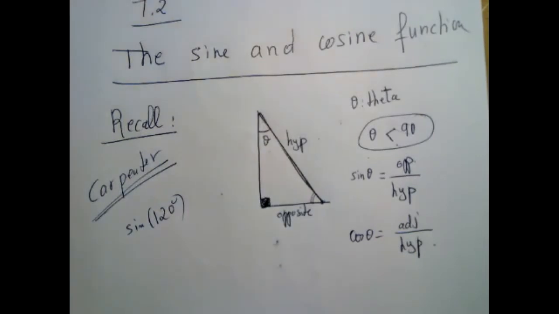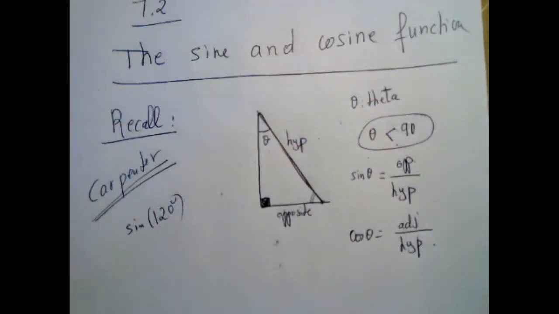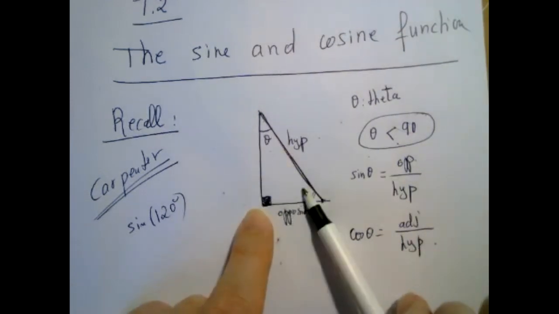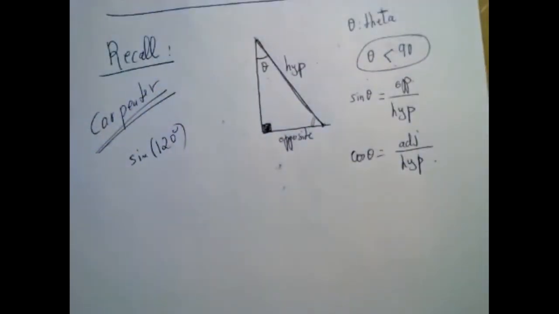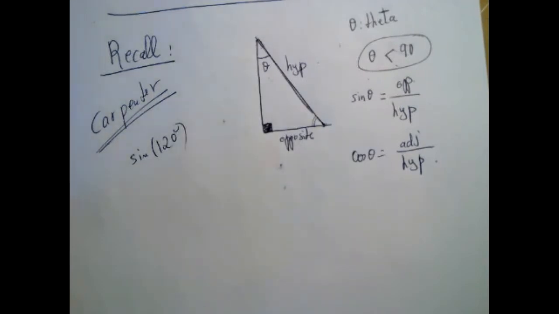The goal of this course is basically to extend this definition so that we know what we mean by sine of 120. We're going to give meaning to the sine of any angle, not just angles less than 90 that we can restrict to a right triangle. So the goal today is not a new definition; we're going to extend this definition to find the sine and the cosine of any angle.